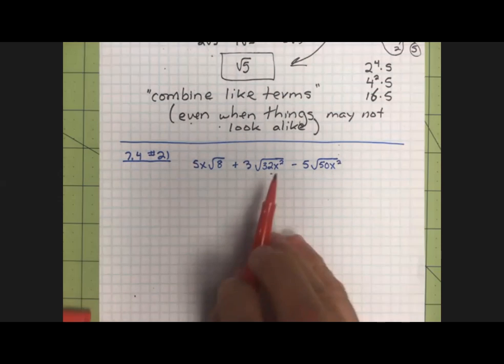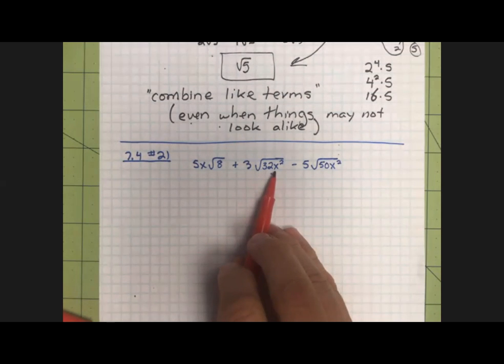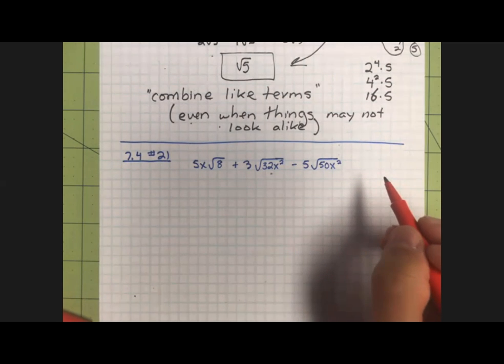Now, I've got this situation where I'm going to be taking the square root of x squared, right? And I've got to be nervous about that.